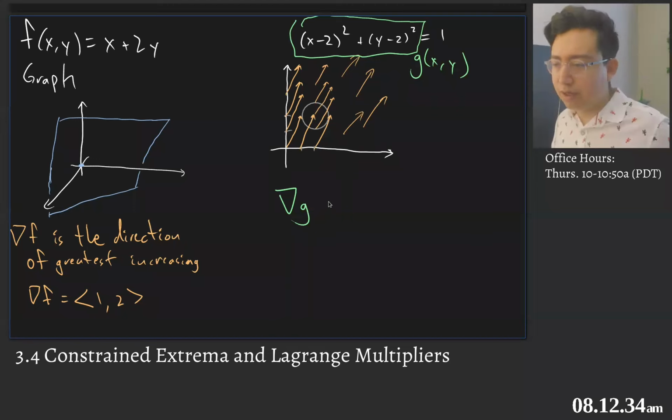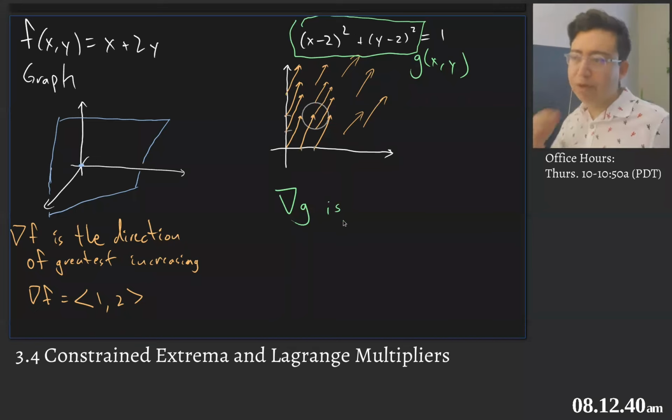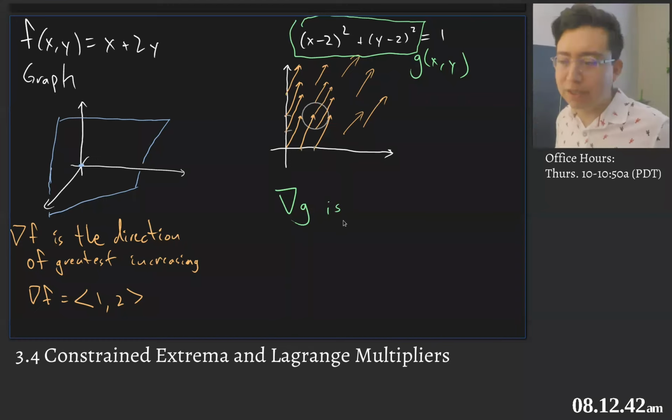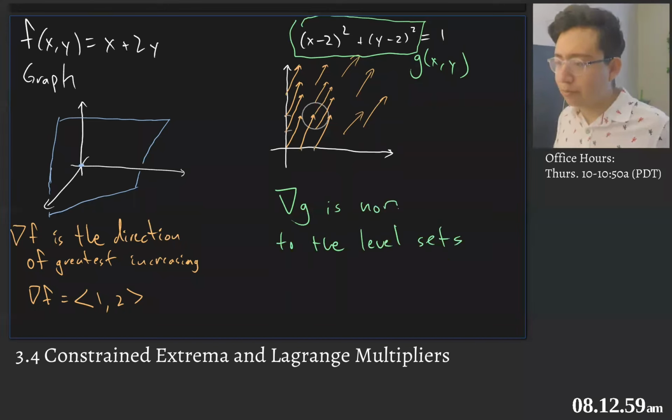So the gradient, also from that section 2.6, geometrically, what relationship does the gradient have with the level set? The gradient is blank to the level set. Yeah, good. Someone in the chat says normal. It's normal to the level sets.